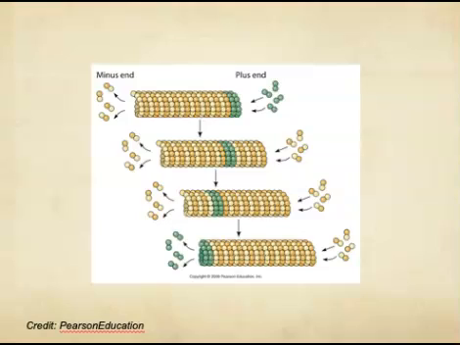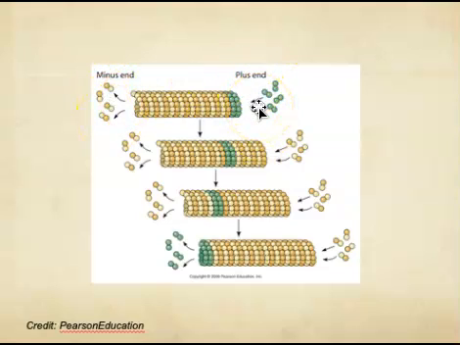On this slide, we're looking at a diagram showing treadmilling across time. So if you start at the top of the diagram, you're looking at a representation of a microtubule. Remember, it's made out of individual subunits, and each subunit is composed of one alpha and one beta tubulin bound together. So in this drawing, the minus end is over here, the plus end is over here.